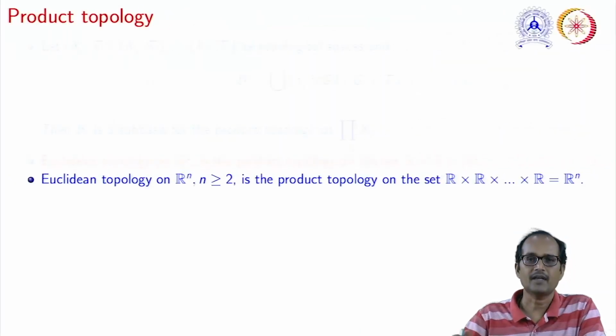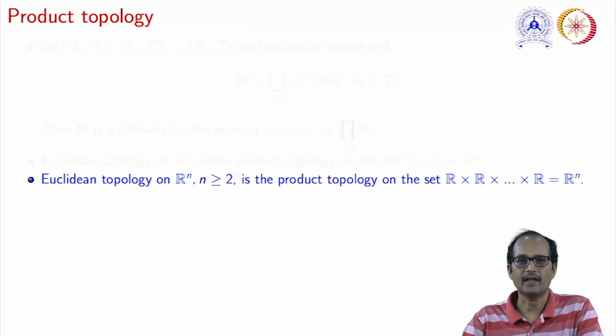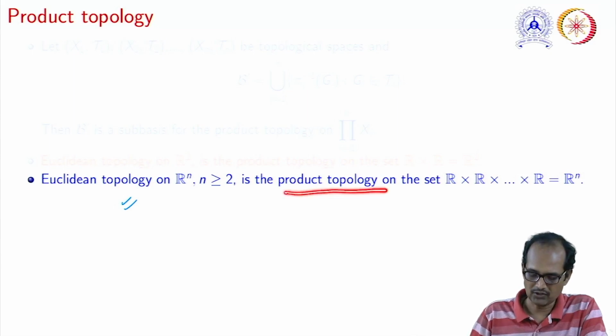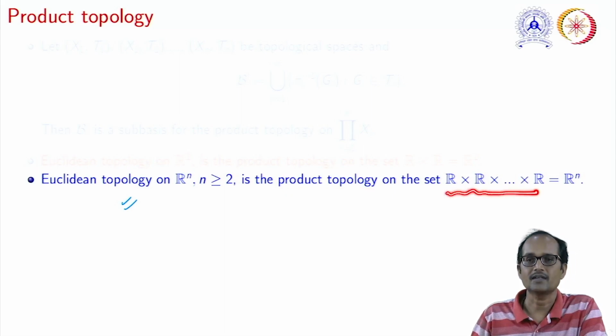This concept can be generalized for n sets, for n greater than or equal to 2, and we can conclude that the Euclidean topology on Rn is the same as the product topology on the Cartesian product of these n copies of R.